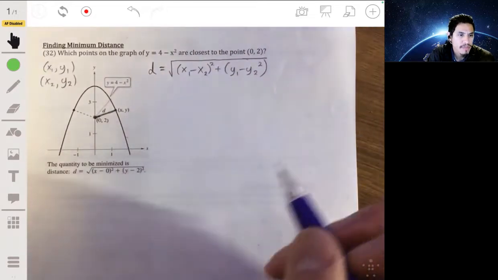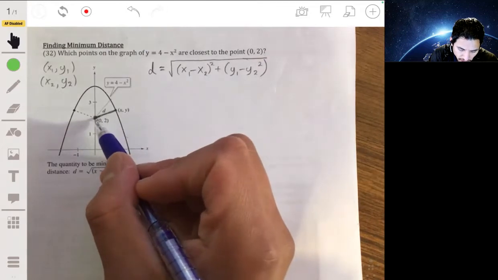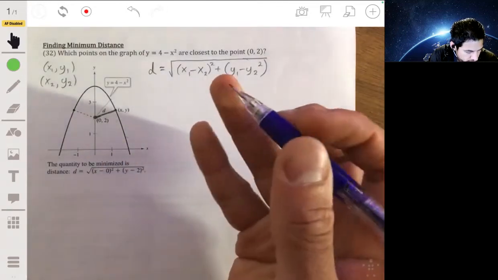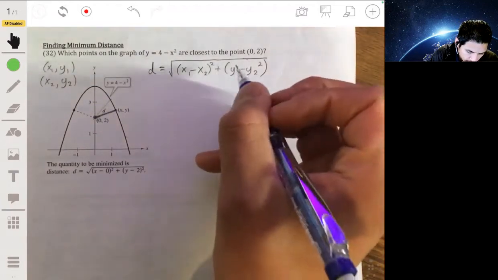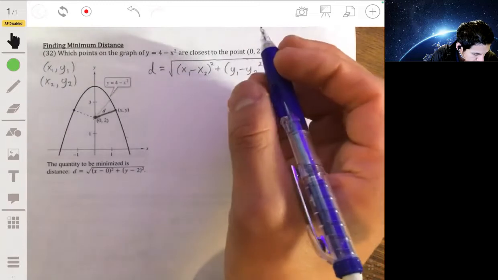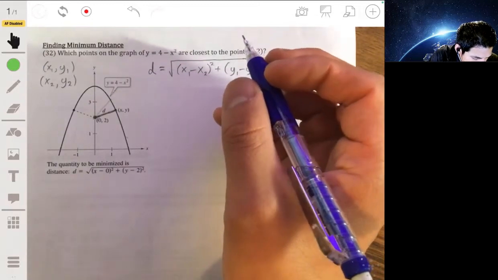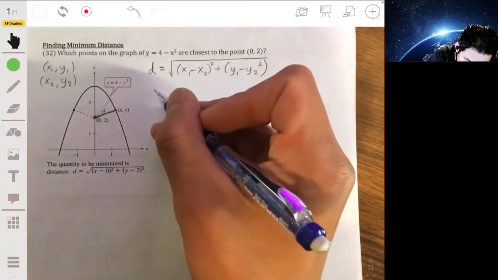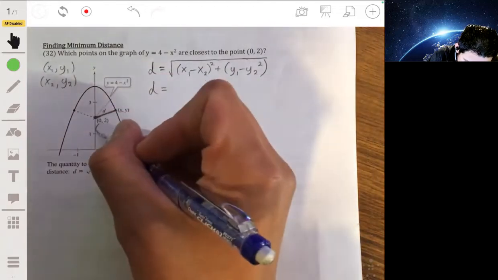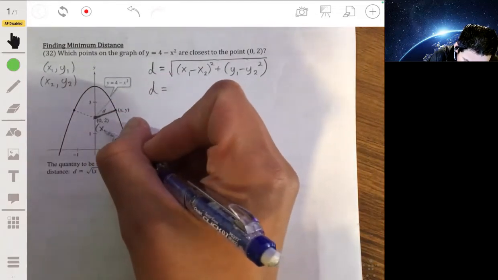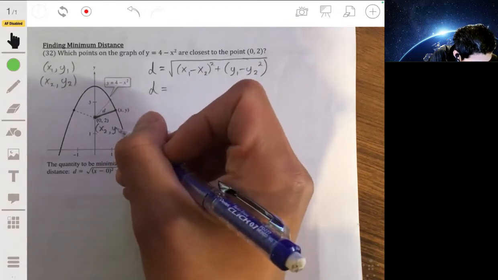Okay, so here we have the point that we're always going to have our distance come from, which is (0, 2). So let's have our x1 and y1 values be 0 and 2. That way, we can get our formula going somewhat. Actually, let's make this x2 and y2, because I think the math will be just a little easier to work with.